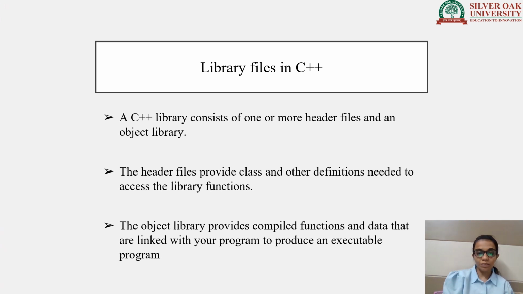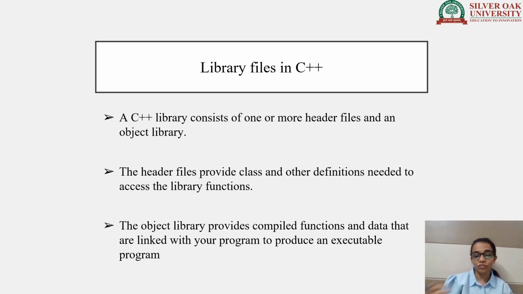Library files in C++. What is the use of library files? Library files mean there are many inbuilt functions which we are not supposed to create; you can just directly use them. We just have to mention the library in which those functions are there. A C++ library consists of one or more header files, according to the need in our program.